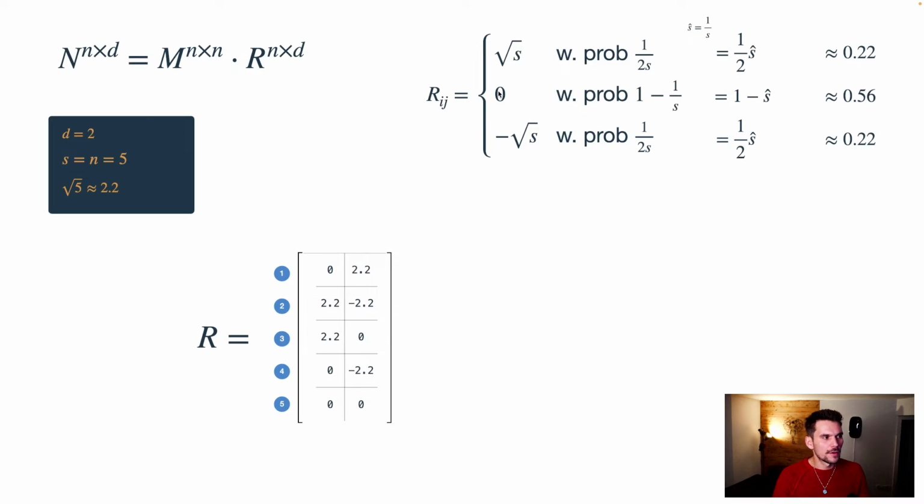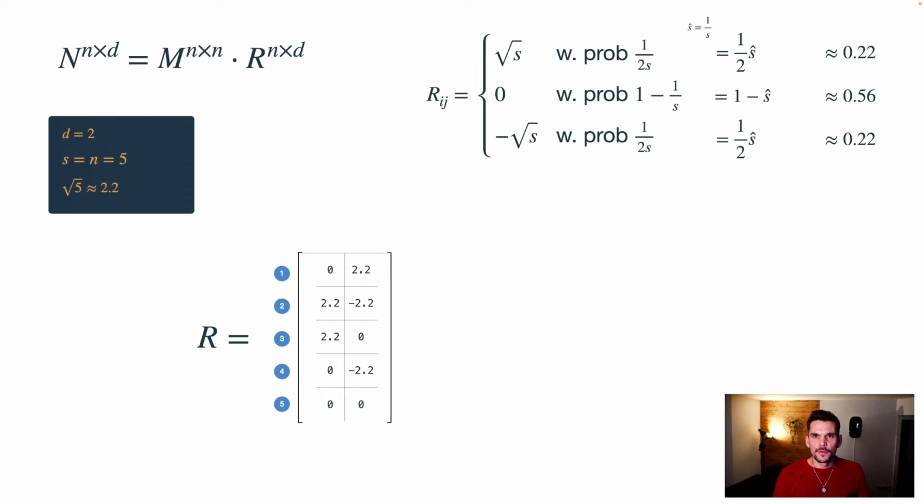So that's why the authors of the paper also keep this value as large as possible, because as we have more zeros, the calculations become faster when we calculate our random projections. So they recommend to set this S value to the number of nodes.